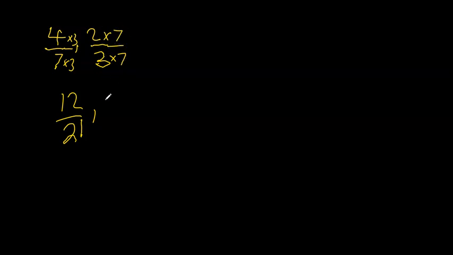So in the second fraction, we have what? 14/21, right? So as soon as you see this, you can tell that the first fraction is smaller than the second. In other words, the original fraction that we're given, 4/7, is less than 2/3, right? That's really simple.